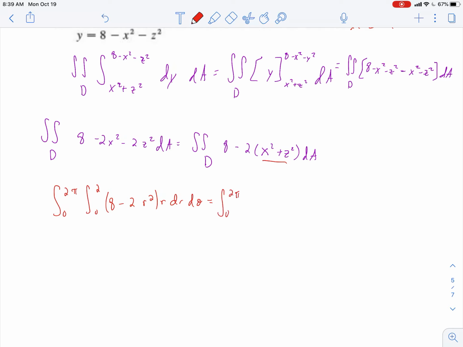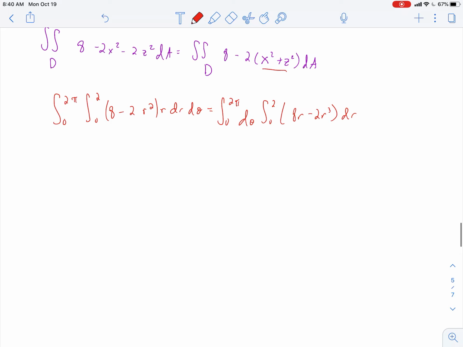Don't forget that r dr. It's very easy to forget, so please don't forget that. So we have 0 to 2 pi. I can pull out the d theta, and then 0 to 2 of 8r minus 2r cubed dr. Now let's go ahead and integrate.